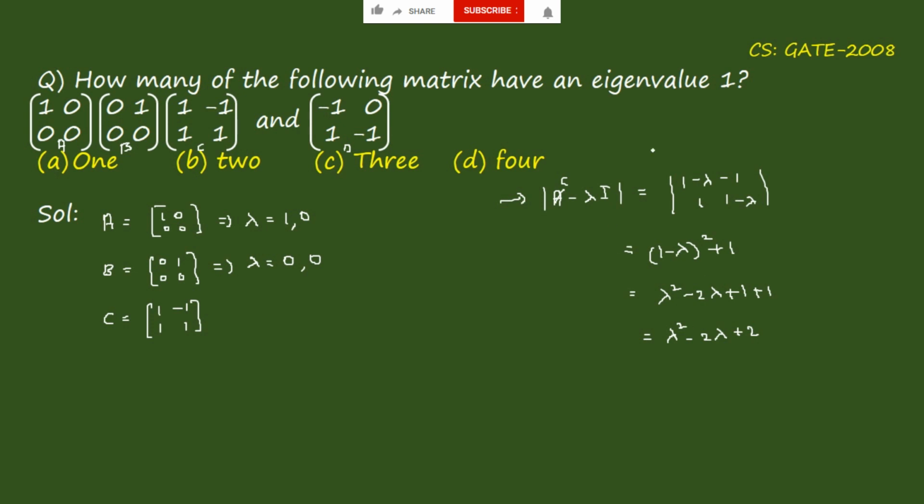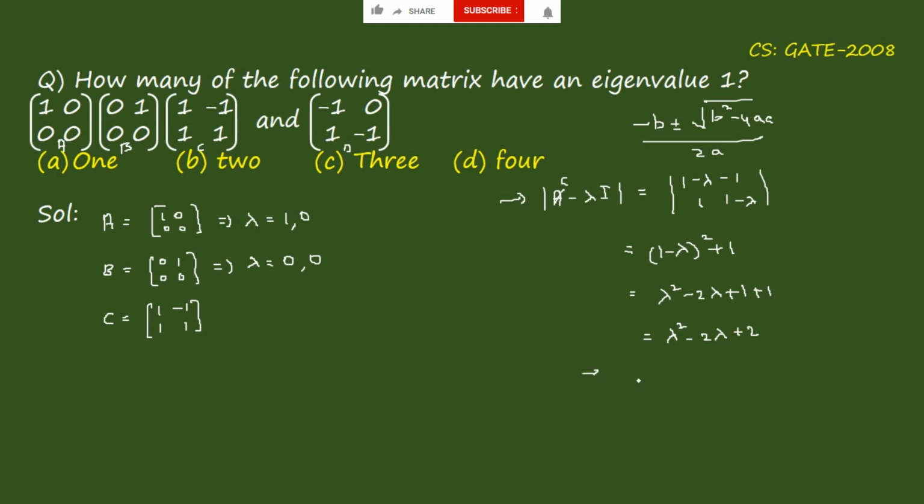Now we'll use a formula to find the roots of it. The general formula that we know is minus b plus or minus root of b squared minus 4ac, all by 2a.